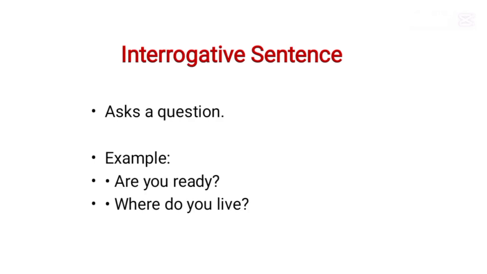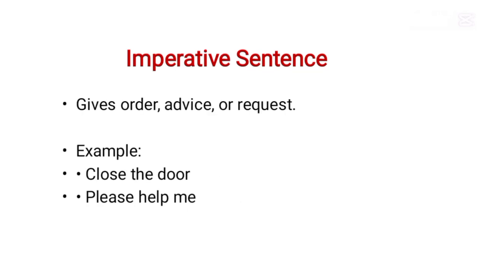The second one is interrogative sentences. An interrogative sentence asks a question. These sentences always end with a question mark. For example, are you ready? Where do you live? The third one is imperative sentences. An imperative sentence gives an order, advice, or request. So students, remember, the subject you is always hidden in imperative sentences.